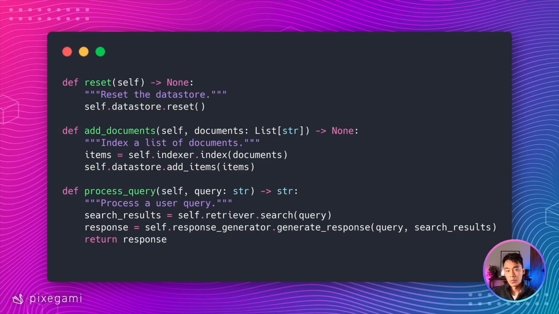For example, when we call add documents on the pipeline, it first uses the indexer to process the raw documents into chunks, and then tells the data store to store those results. So it's not really doing anything fancy. It's basically just connecting all the different pieces of our individual components so that they flow.